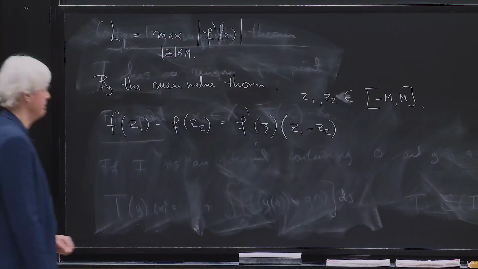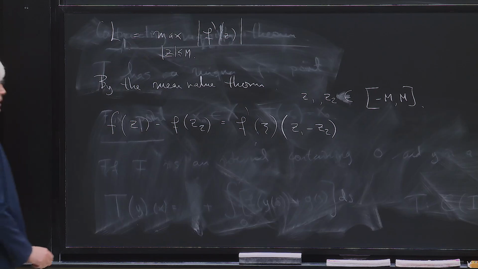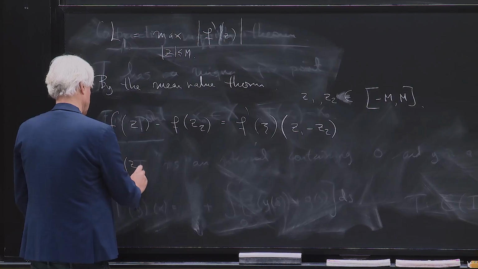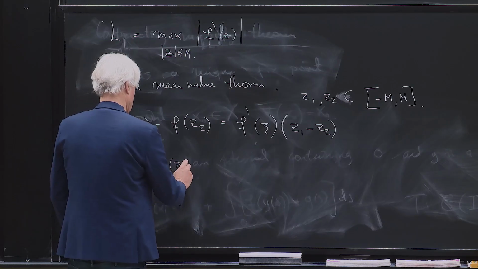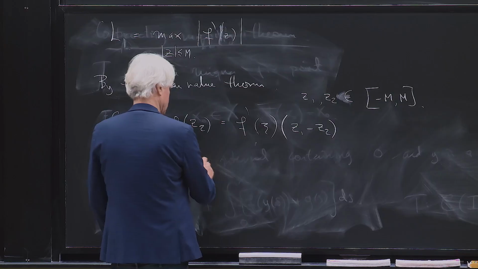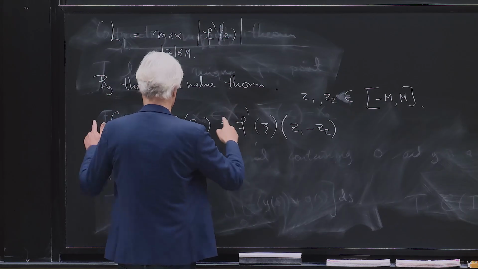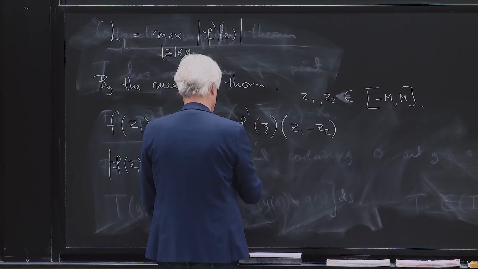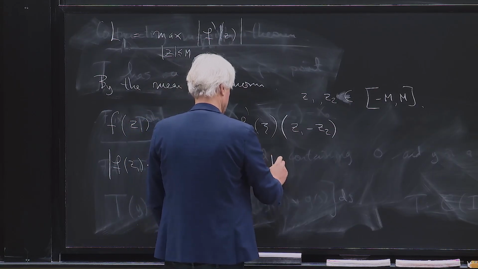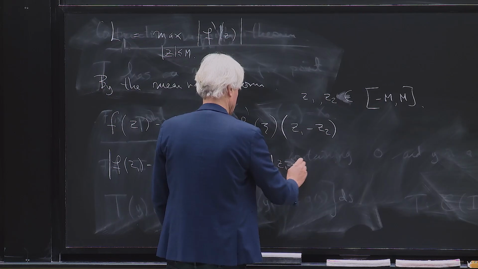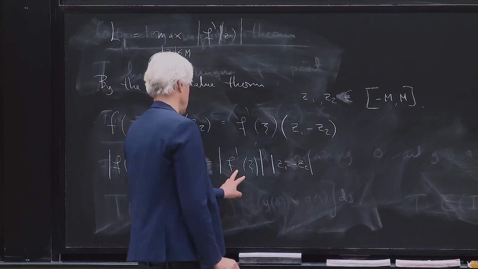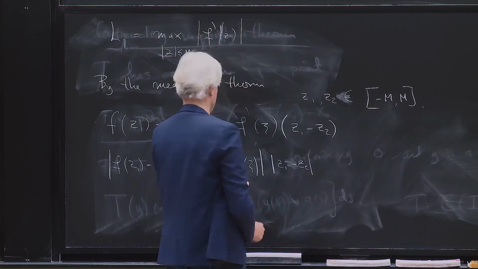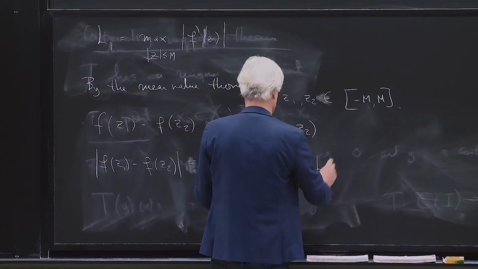This is the mean value theorem. Therefore the norm of the difference is bounded by this here. When we take the absolute value, this is equal to the absolute value of f prime of psi times Z1 minus Z2. Because these two are in this interval, this is bounded by capital L times the absolute value of Z1 minus Z2.